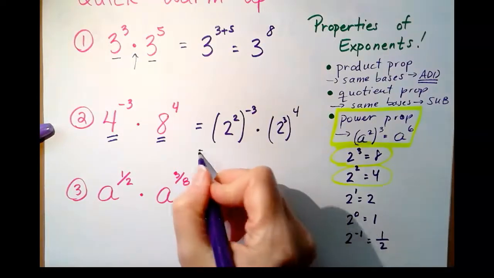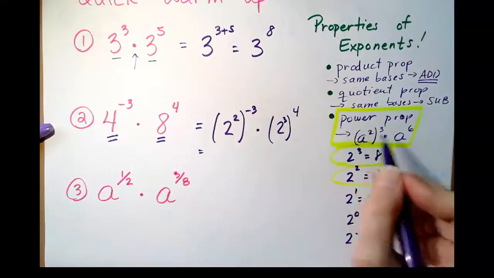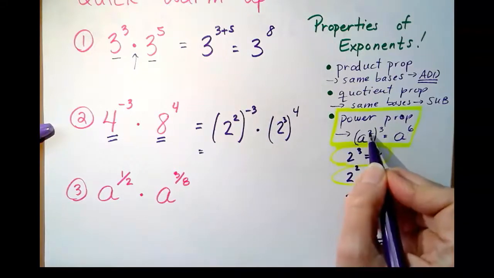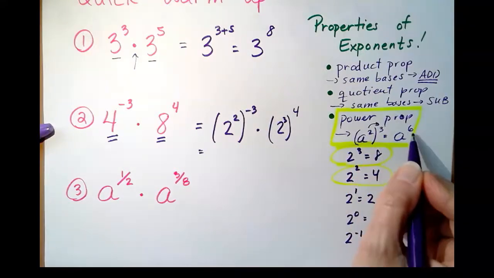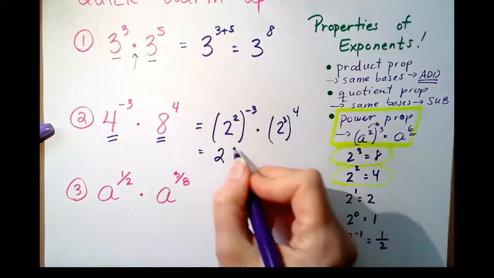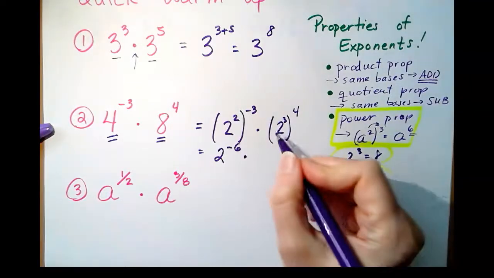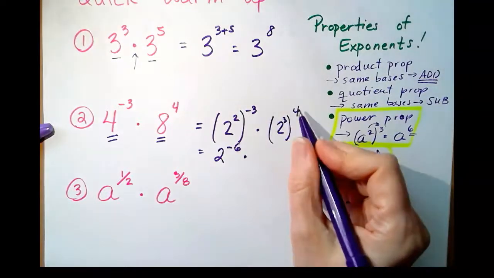So here we've got 2 to the second to the negative third. Power property says if we have a power being raised to a higher power, we multiply. That's what I'm going to do here. This becomes 2 to the negative 6th times 2 to the third to the fourth.